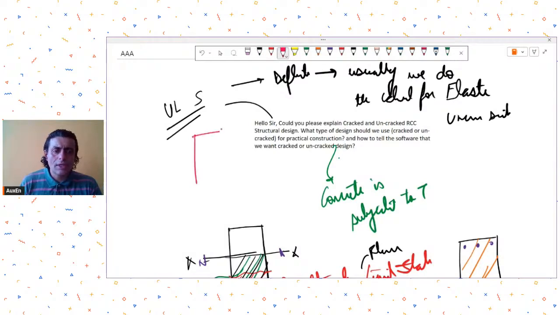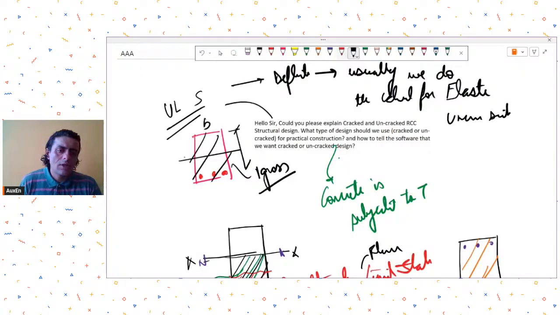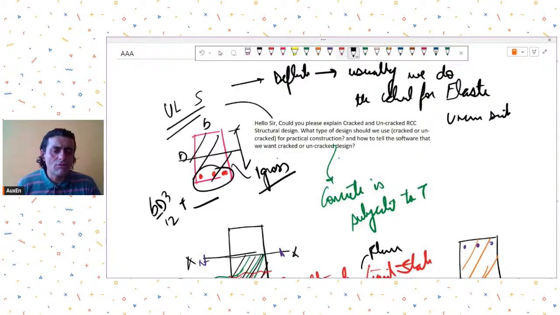So because of that, let's say this was a case of a beam, all the calculations happen for an uncracked section, and it takes the gross moment of inertia. That means for the entire section, it will do, let's say, bd cube by 12 plus the effect of reinforcement.